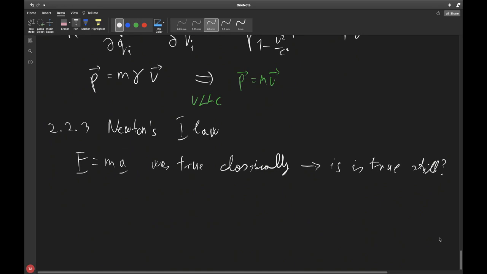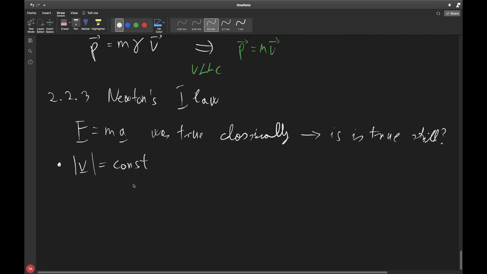We will have two different cases to look at. First, we say that this velocity vector should be constant. I mean the absolute value, so the magnitude of this vector is constant. And the other case is when the direction of this will be constant.